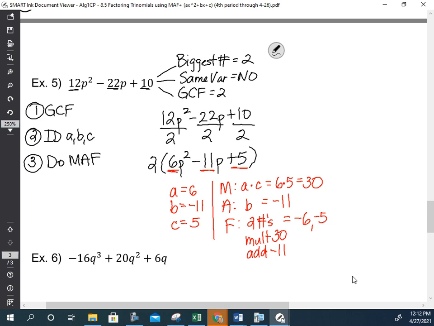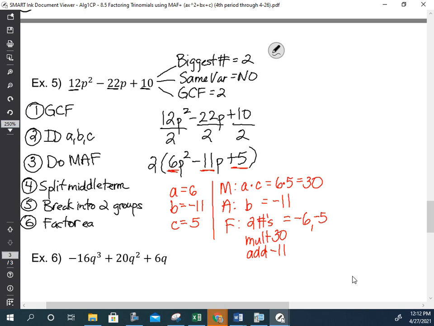So, the other steps that you need to do: split the middle term, split the middle up, break into 2 groups, factor each group. Those are the other 4 steps.